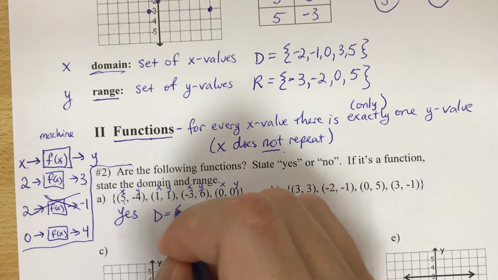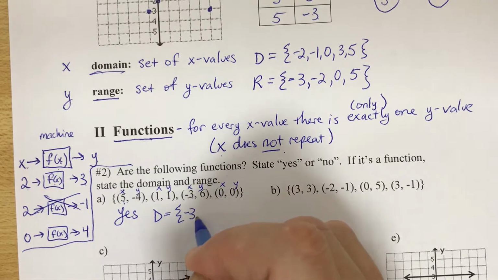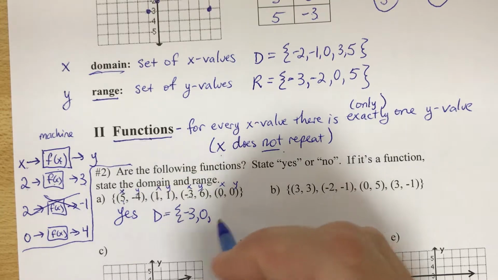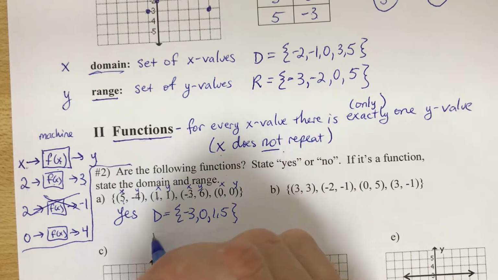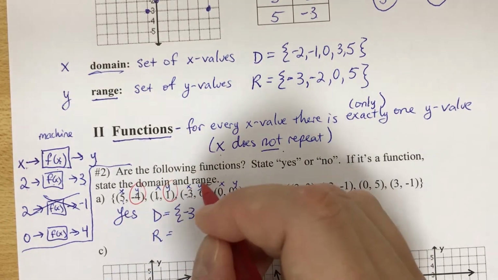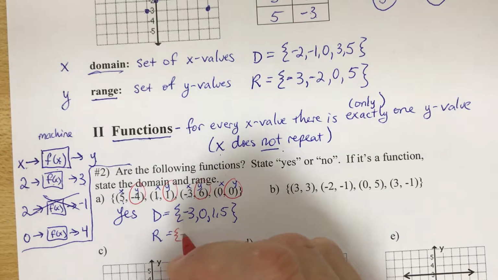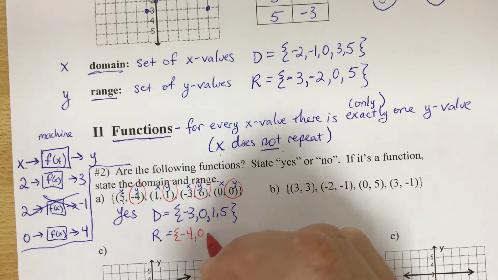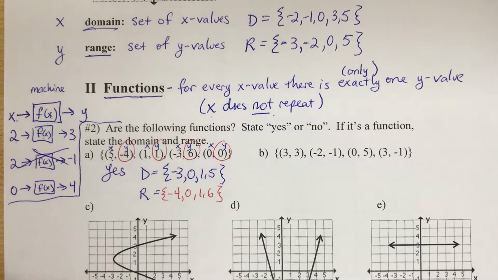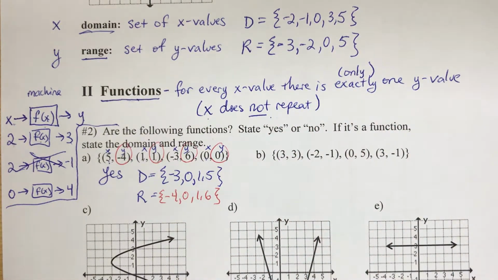The domain would be the x values. So let's see, the smallest is -3, and then 0, and then 1, and then 5. The range, I'll put that in red. Here's the y values. The smallest range value was -4, and then 0, 1, 6. Okay, so that is a function because for each x value there is exactly one y value.